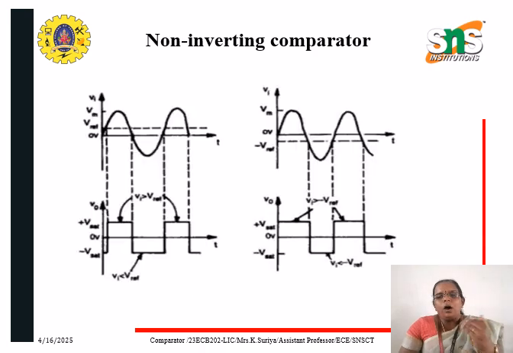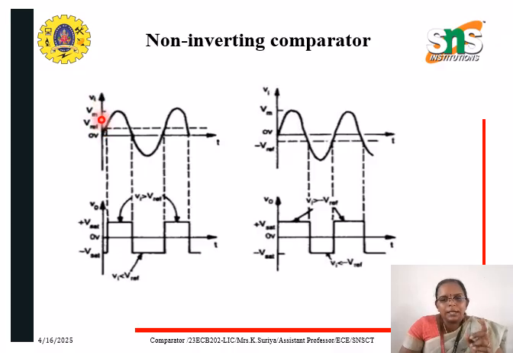So this is the output signal graph which is shown here. The first one has a positive V reference and the second one has a negative V reference. So here as shown, when the reference voltage is low when compared to the input voltage.